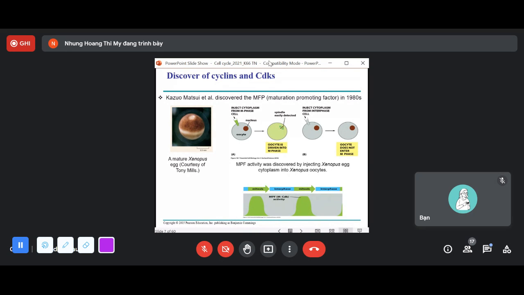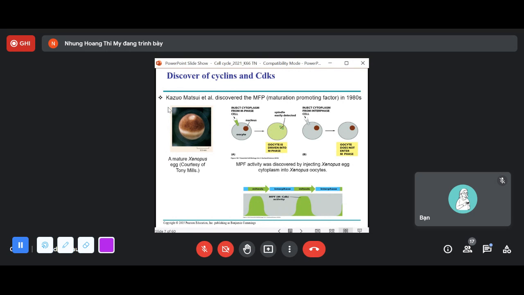So many scientist groups tried to work on this question: which factor can induce the cell to divide?